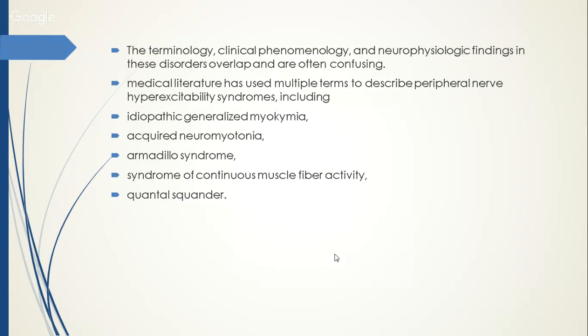Initially, when they started diagnosing these conditions, they used all these confusing terms for the neurophysiological phenomena they found, for example armadillo syndrome, Isaacs syndrome, syndrome of continuous muscle fiber activity, which is all confusing terminology for this clinical spectrum of diseases.